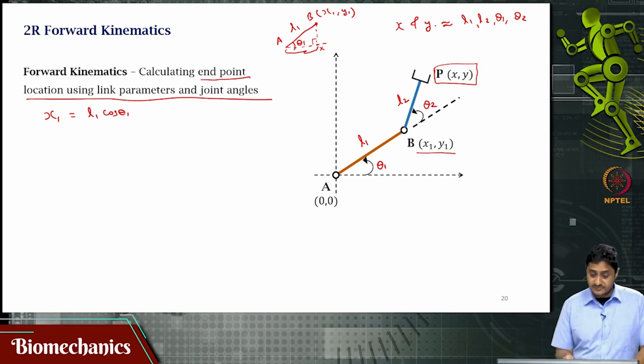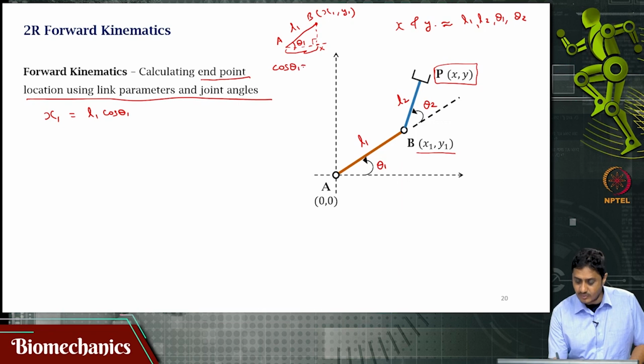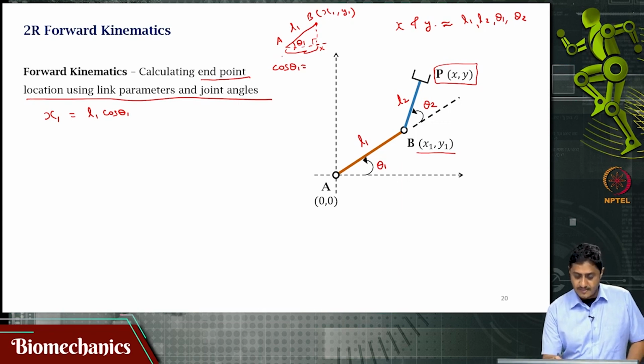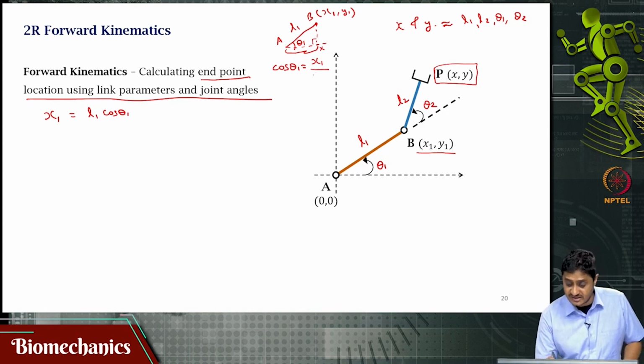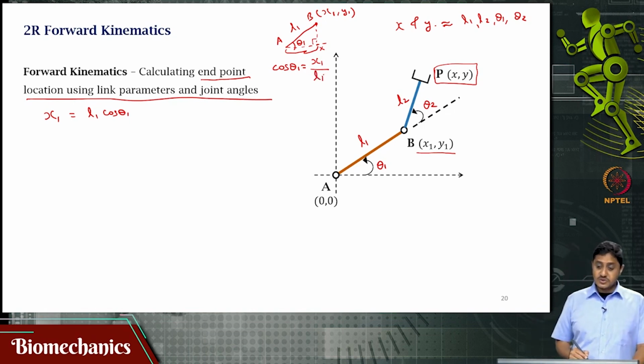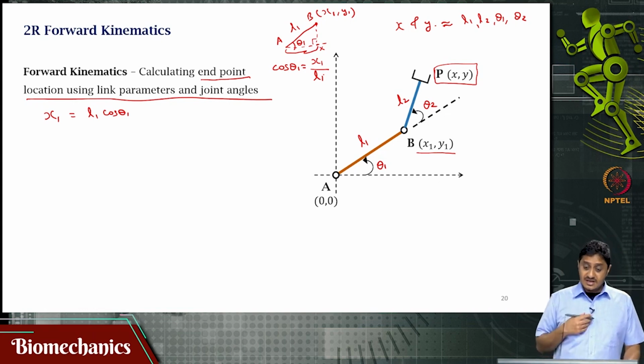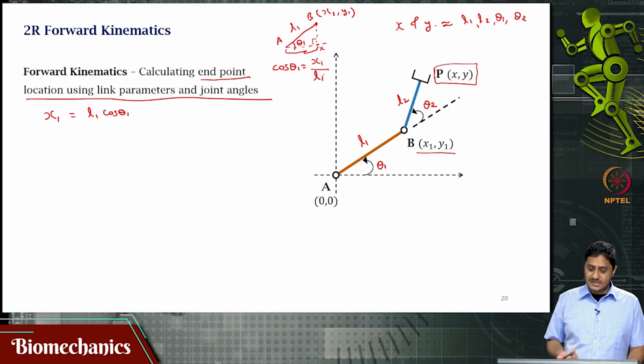Because cos theta 1 is the adjacent side x1 divided by the hypotenuse AB. What is the length of the hypotenuse AB? That is L1. So, I know L1 and I know theta 1. The only unknown is x1. So, x1 is L1 times cos theta 1.